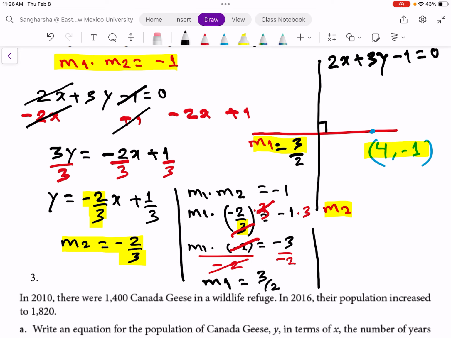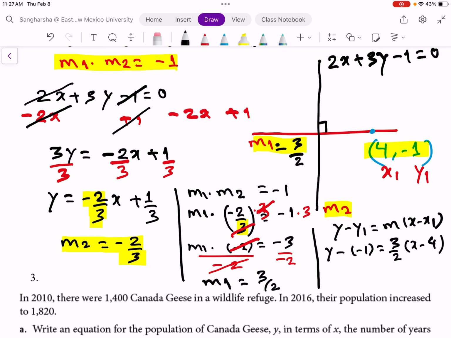y minus y1 equals m times x minus x1. Let's call this our x1, y1 point, and the slope is 3/2. Now let's substitute. We have y as it is, y1 is negative 1, so y plus 1 equals, our slope is 3/2 times x minus x1, which is 4.